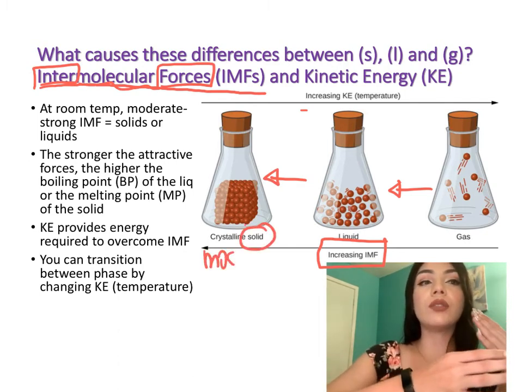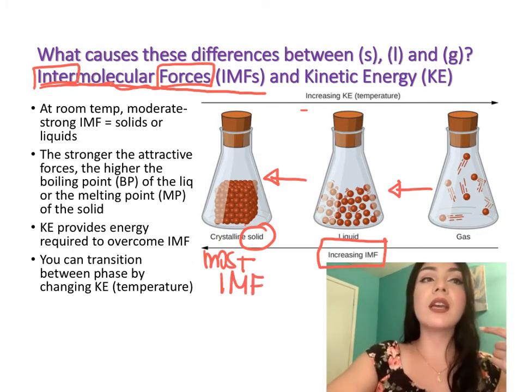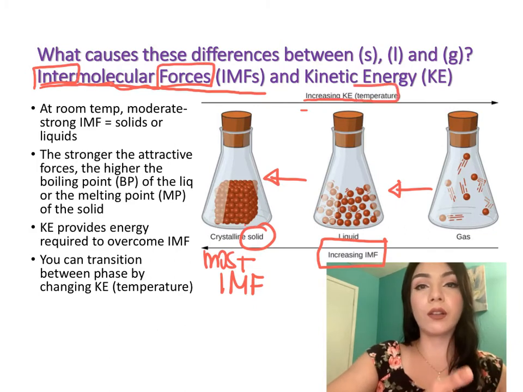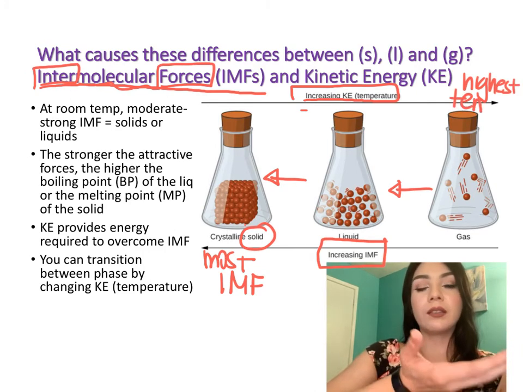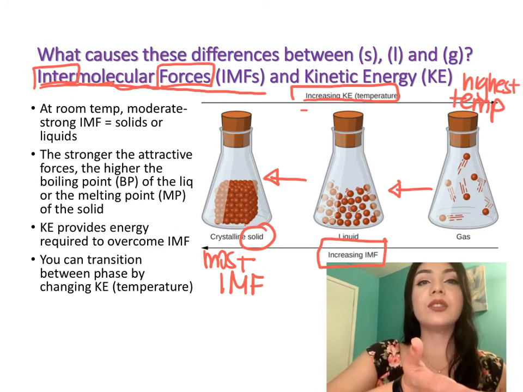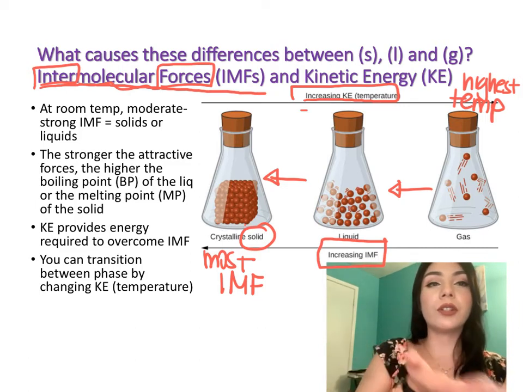Now, if you want to overcome those intermolecular forces, you're going to have to increase the kinetic energy, in other words, the temperature. Think about ice, solid water. As you increase the temperature, when you take the ice out of the freezer, it's going to turn into a liquid.